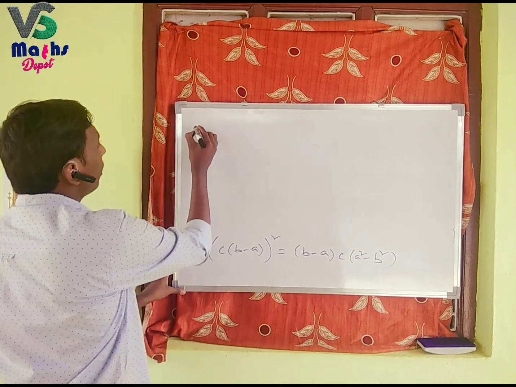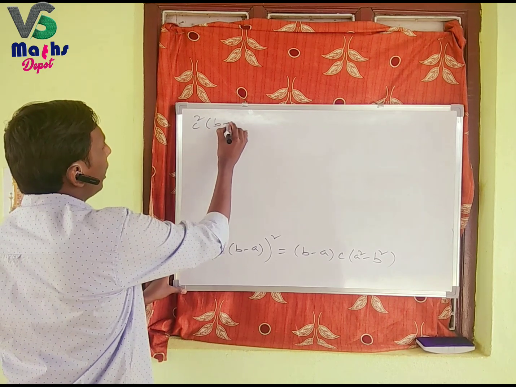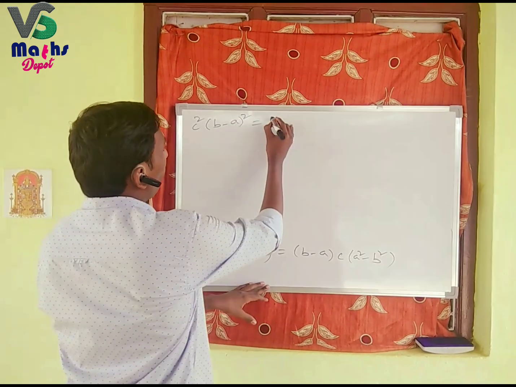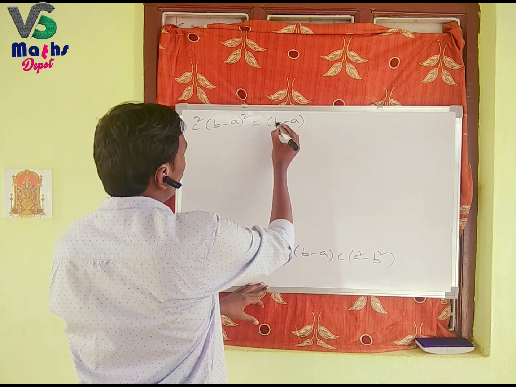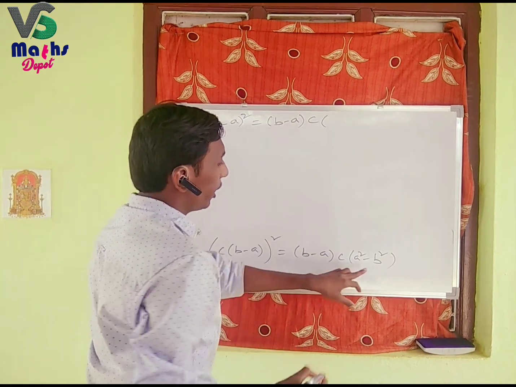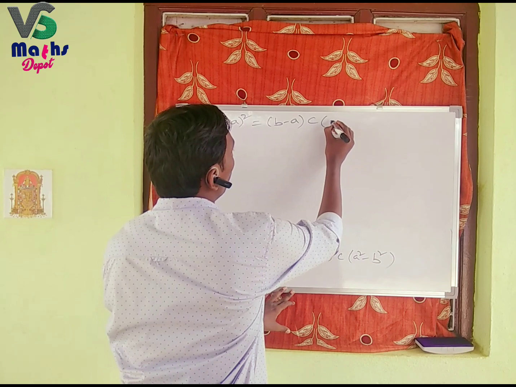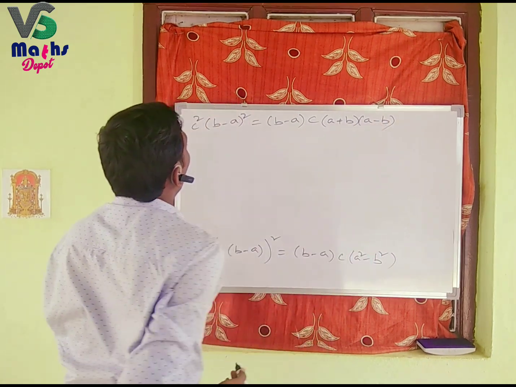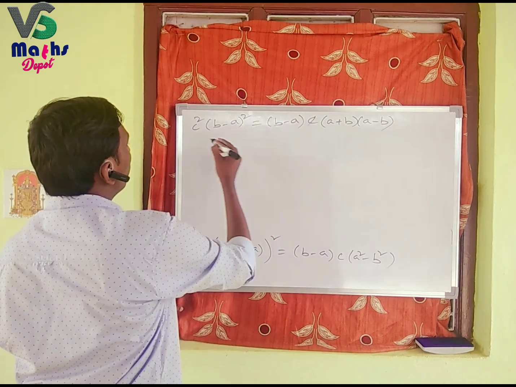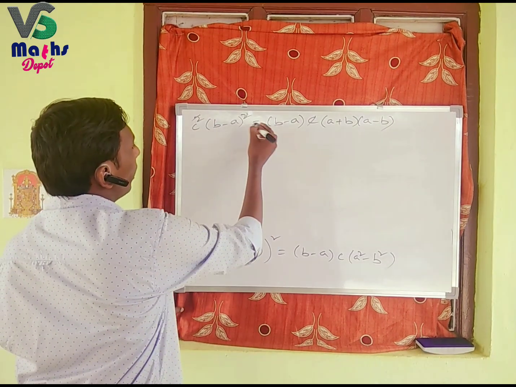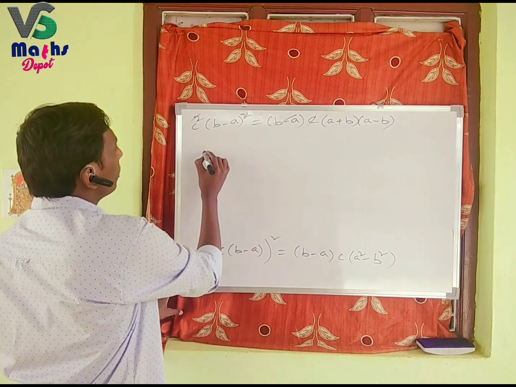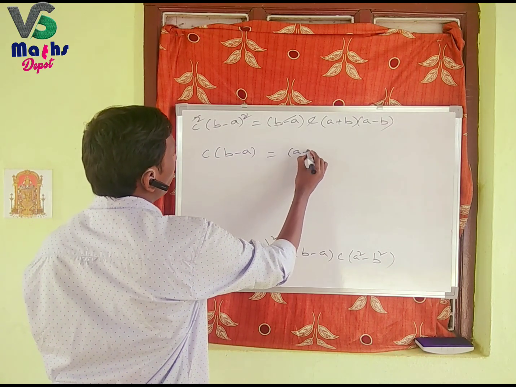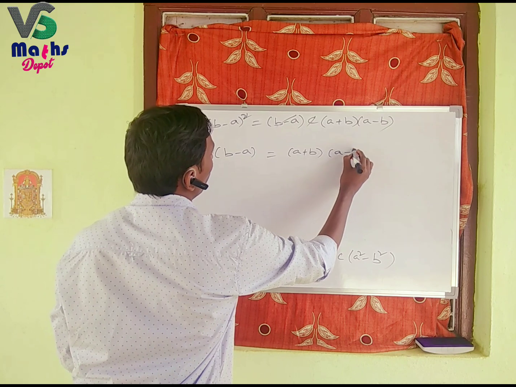Now here c²(b - a)² is equal to (b - a) into c into (a² - b²). The a² - b² formula is (a + b)(a - b). So we can cancel this c and the square, and this b - a gets cancelled. c(b - a) is equal to (a + b)(a - b).